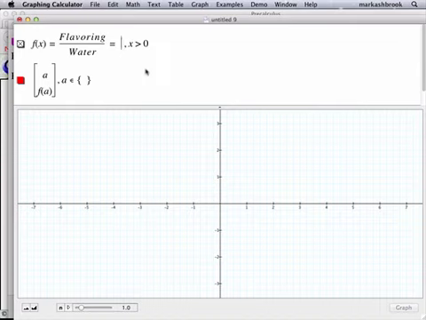So the output of our F function is going to be the ratio of flavoring to water if X is the total amount of mixture. So how much flavoring do we have for X total gallons of mixture?